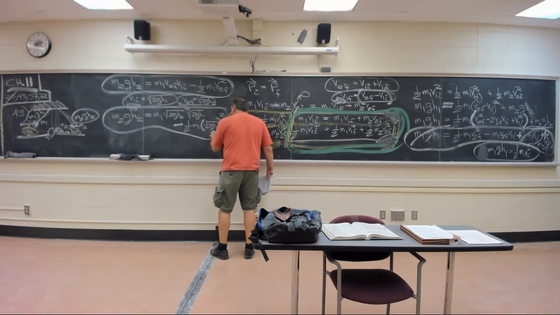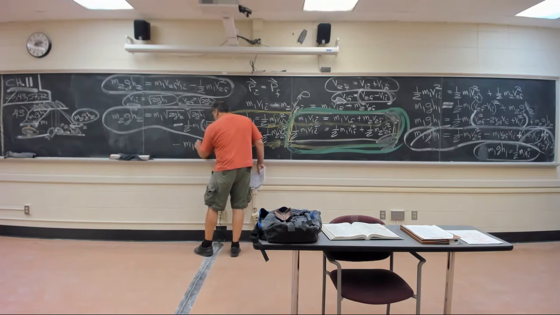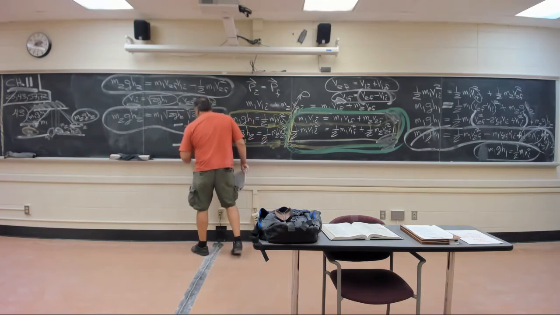Square the square root and get 2GH2. 2GH2 times 1/2 is just GH2, times M1, M1 GH2. A little odd, but it's the reality.